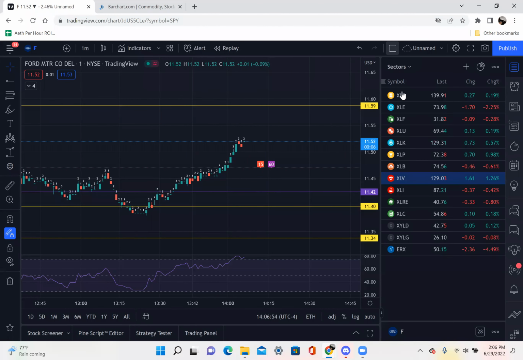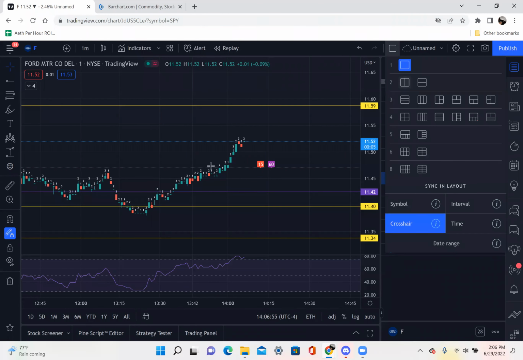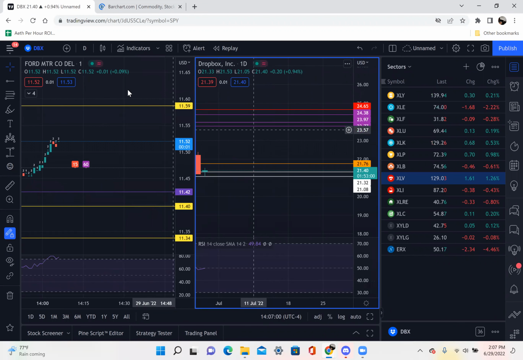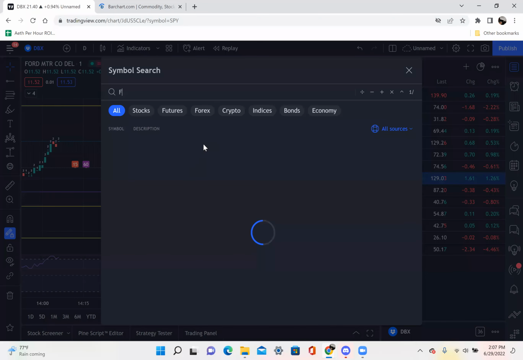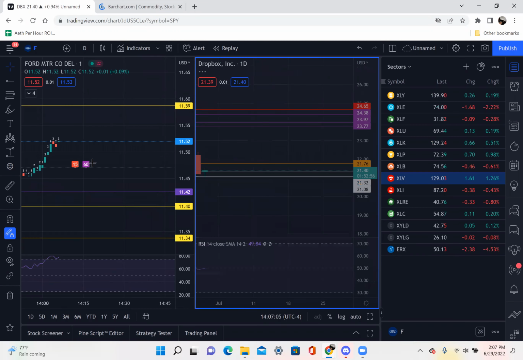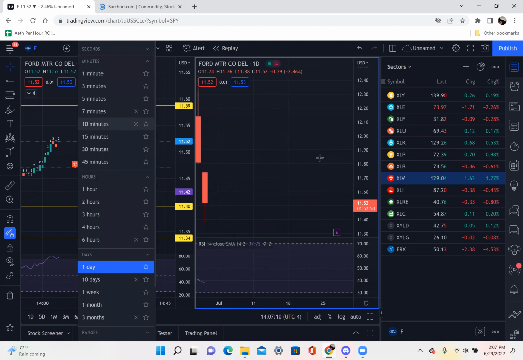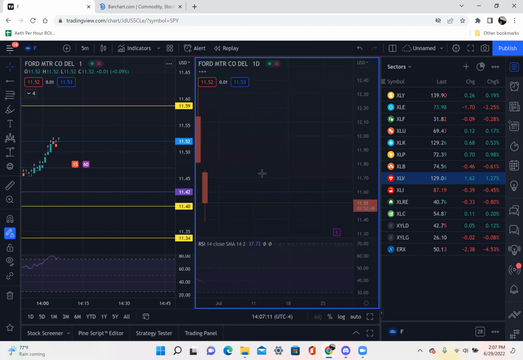And then another thing that'll help, I should have done that, I'll do that next time, is having multiple different time frames up at the same time. Right, you'll have Ford. I got Ford on a 1 minute. Let's go ahead and put Ford over here. That's on daily. Let's put them on a 5 minute, and they're flirting with the 10 minute, right?